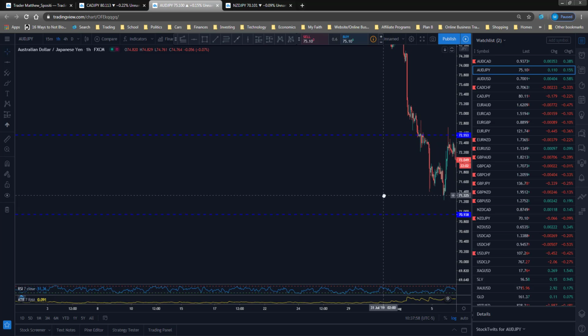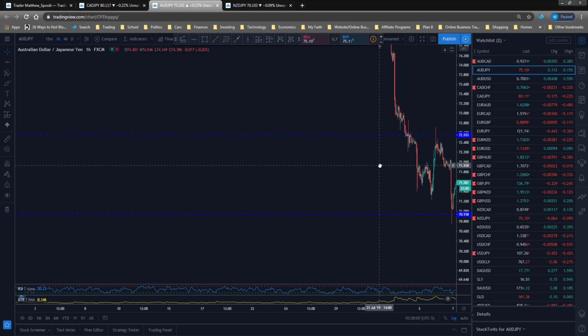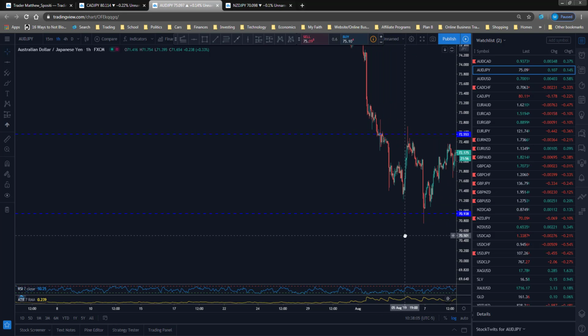Let's assume you're waiting, you see it, and you find a support level there. What you could do is say that if it comes up here, you could even use your fib retracement tool. If you know me at all, you know I love using fib retracement tools.